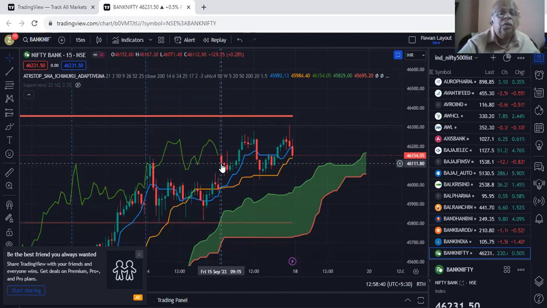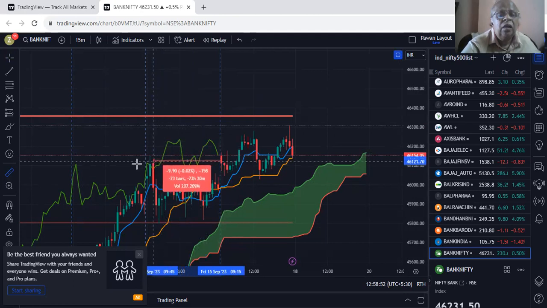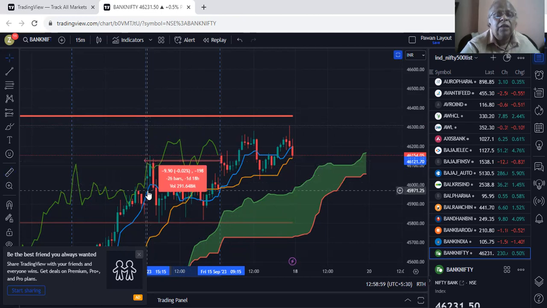So from here you look back 26 periods back, to identify the high made in this duration by the index. The high made was the close of the opening of 15 September candle.